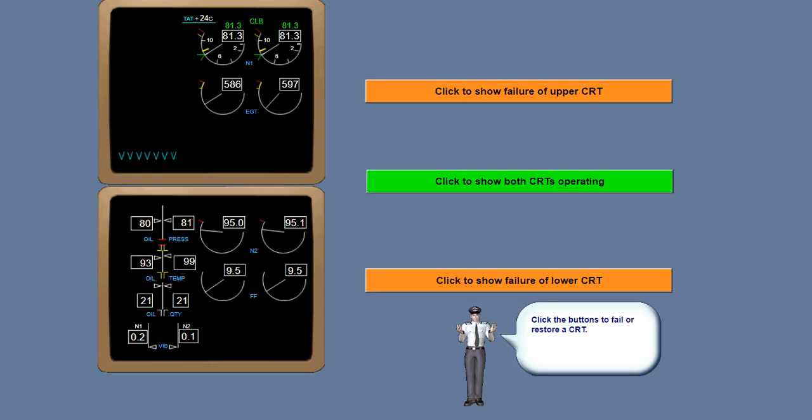If one CRT screen fails, the two displays will combine in a compacted mode on the operable CRT screen. N1 and EGT remain the same as during normal display, but all other displays change to digital readouts.